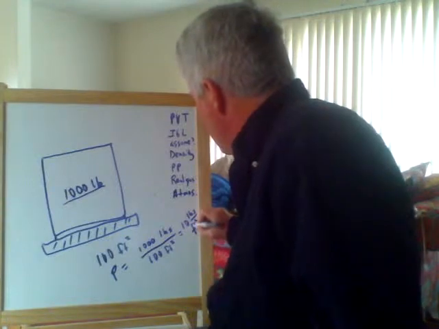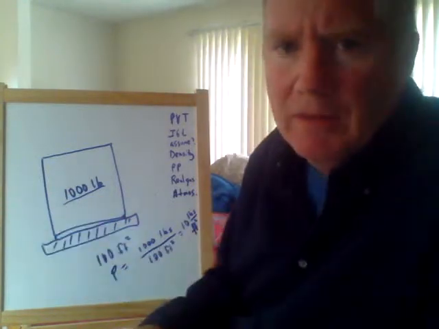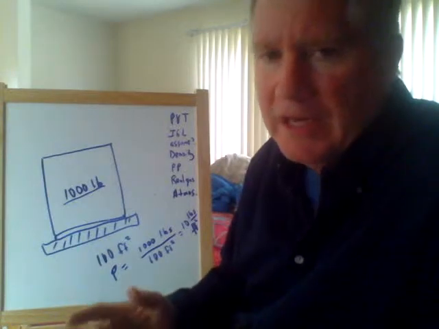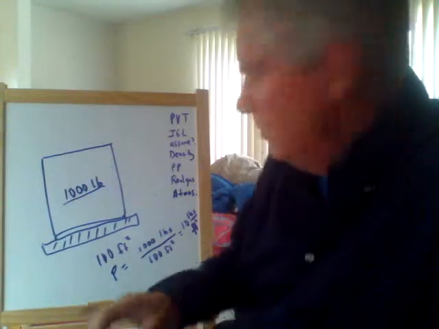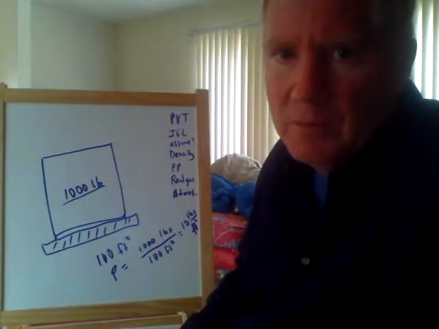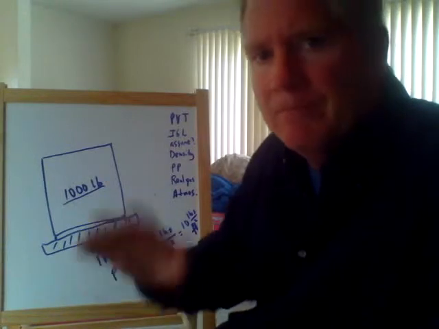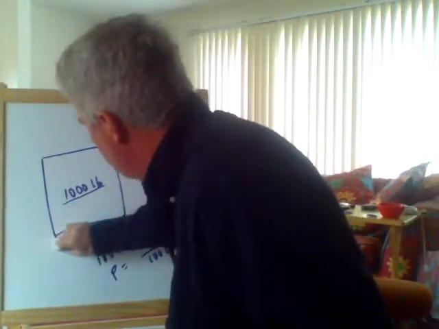And as you probably know or may have heard, a lot of times we refer to pressure using units of pounds per square inch. But this is pretty similar, and I won't bother doing the math to convert this to pounds per square inch.